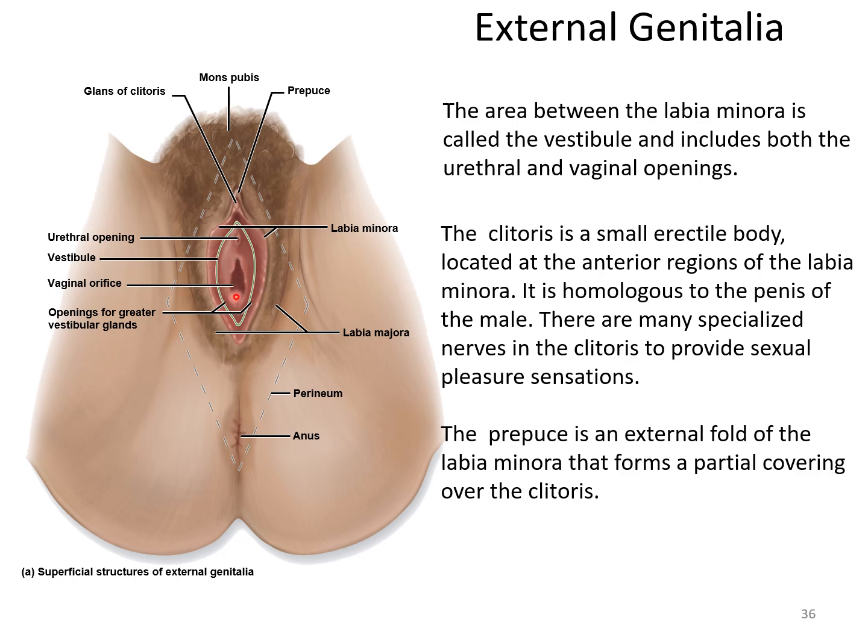The clitoris is a small erectile body at the anterior region of the labia minora, so up here. This is a homologous structure to the penis of the male. Homologous means that it developed from the same kind of tissue origin in both sexes.